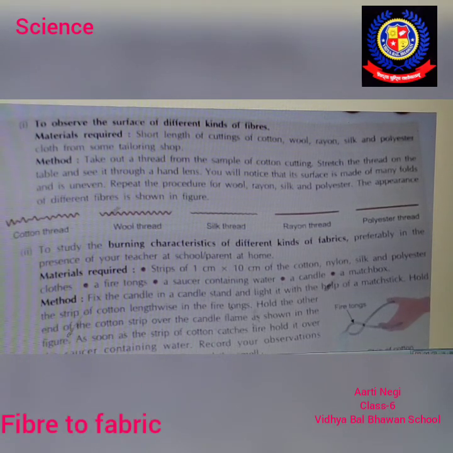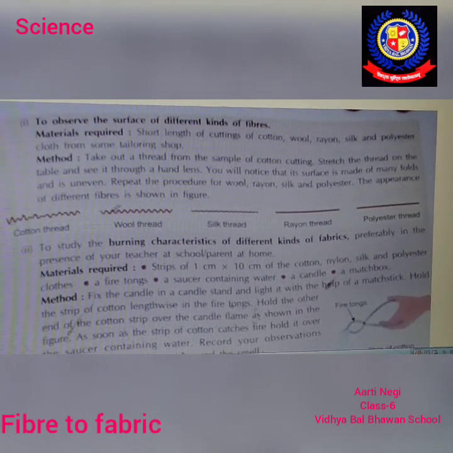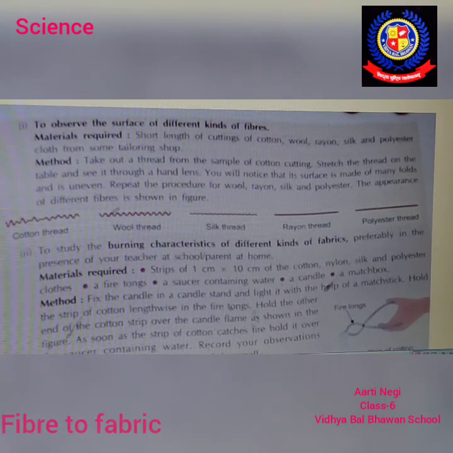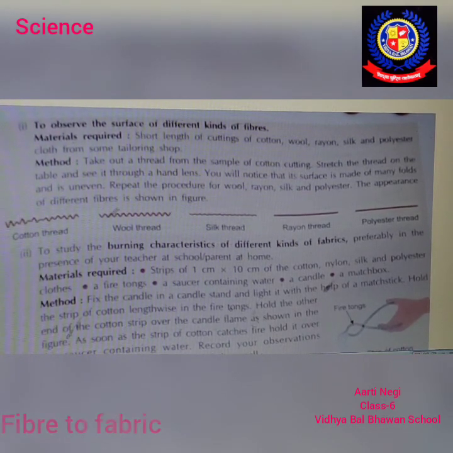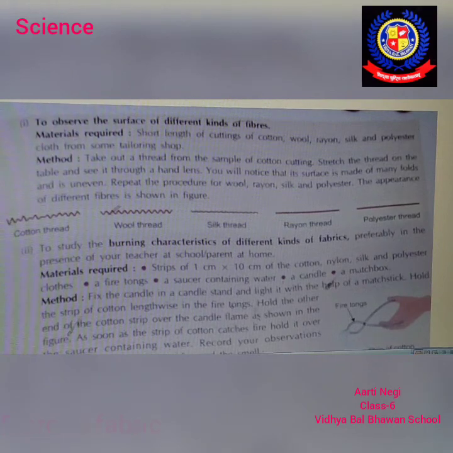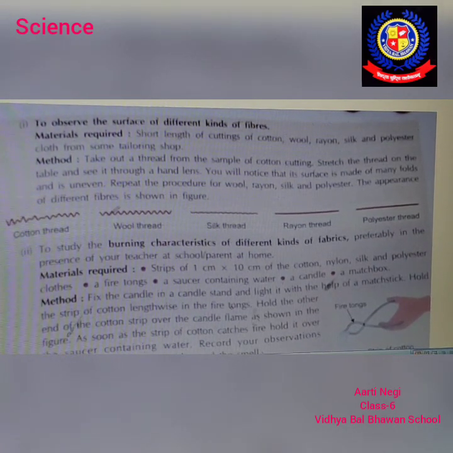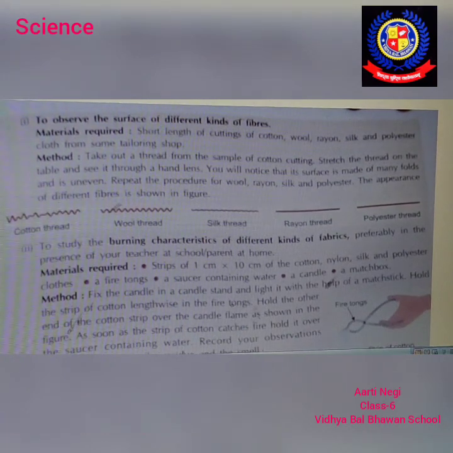And now come to page number A37. There are two activities, so let's study them. Here our task is to observe the surface of different kinds of fiber. The materials required are short length cuttings of cotton, wool, rayon, silk and polyester.